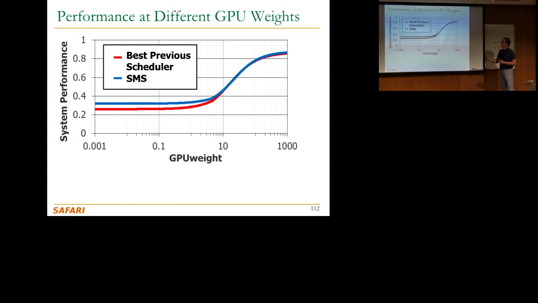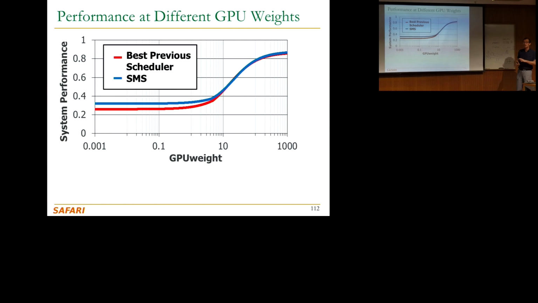Okay, so if you use SMS, staged memory scheduling, this is the performance that we get. Basically, what we do over here is, based on the weight of the GPU, we probabilistically switch between shortest job first and round-robin policies. I don't remember the exact result, so don't quote me on this, but take a look at the paper for more detail.